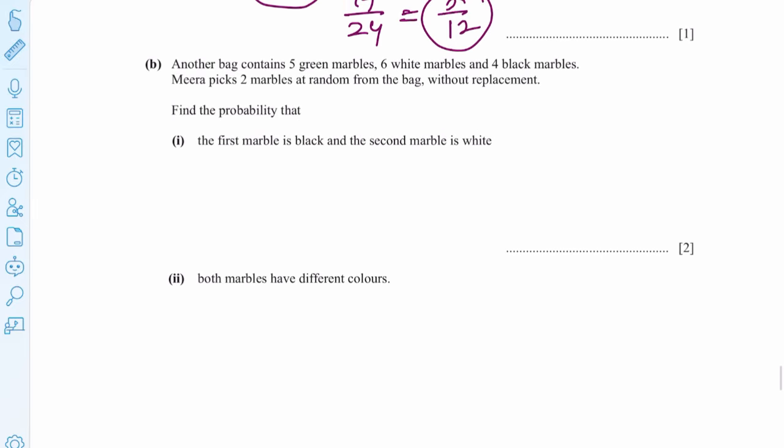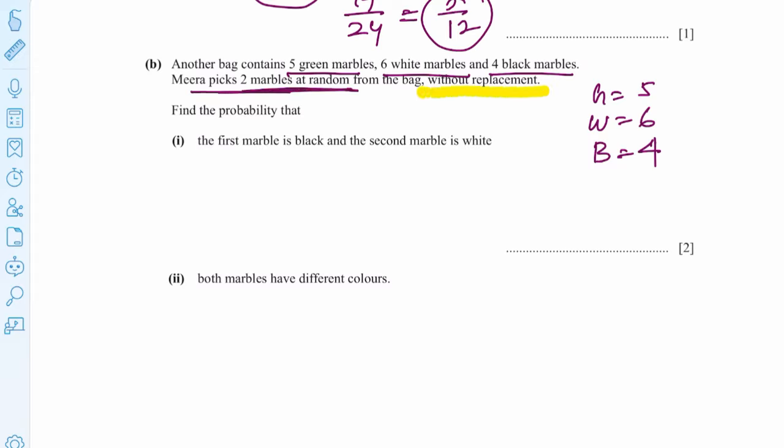Part B is given. Another bag contains 5 green marbles, 6 white marbles, and 4 black marbles. The person picks 2 marbles at random, and the question is without replacement.